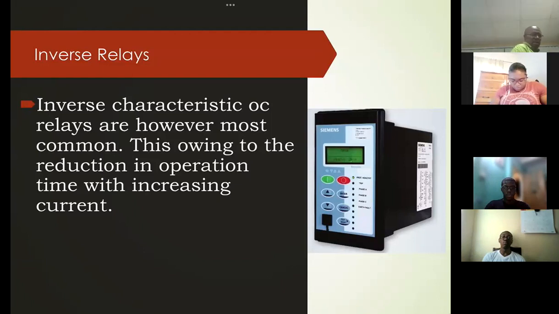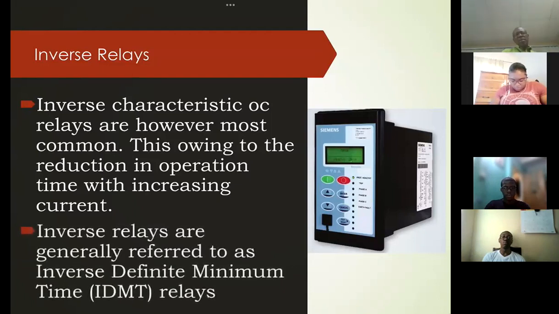And in terms of the name that is applied, I just mentioned inverse characteristics, but the proper name is the inverse definite minimum time, or IDMT relay. Okay? And I just chose that photo. It's not necessarily that is an IDMT. Okay?